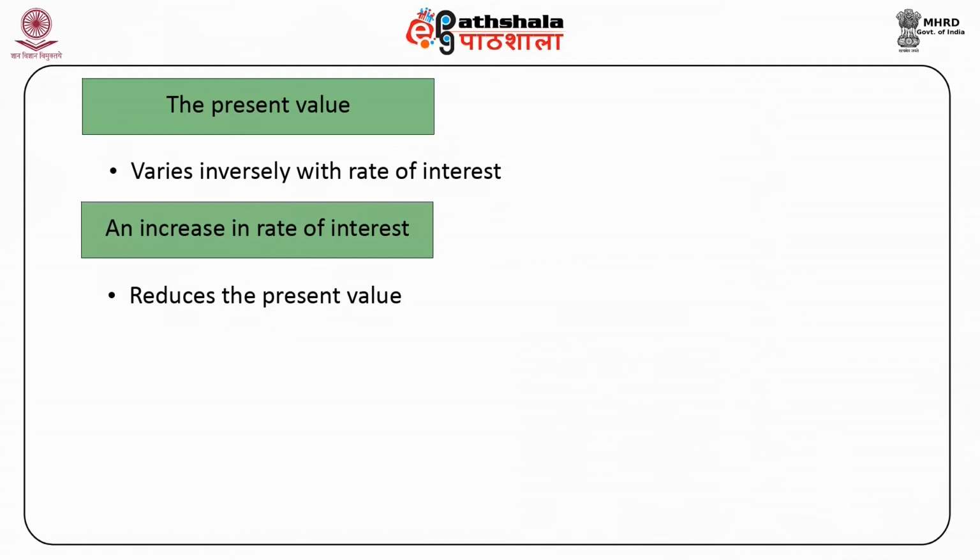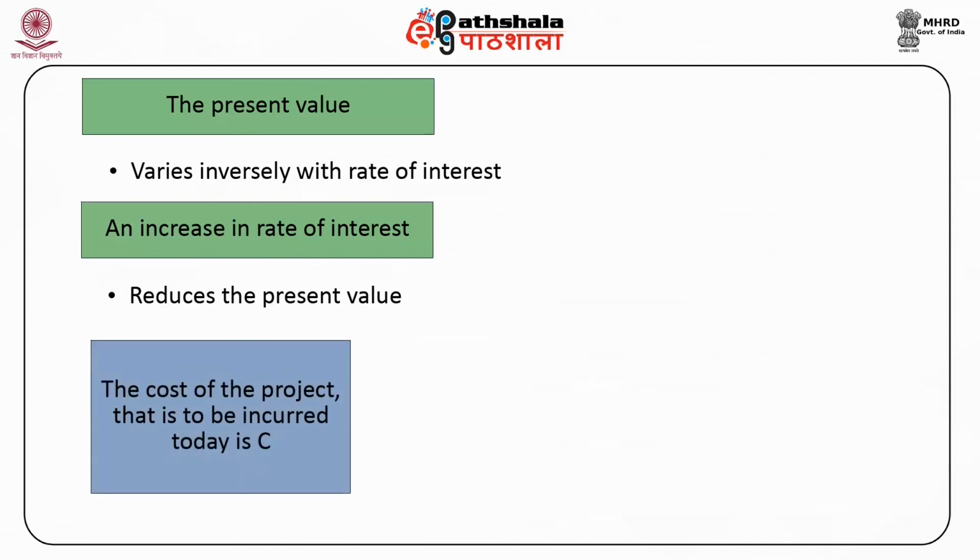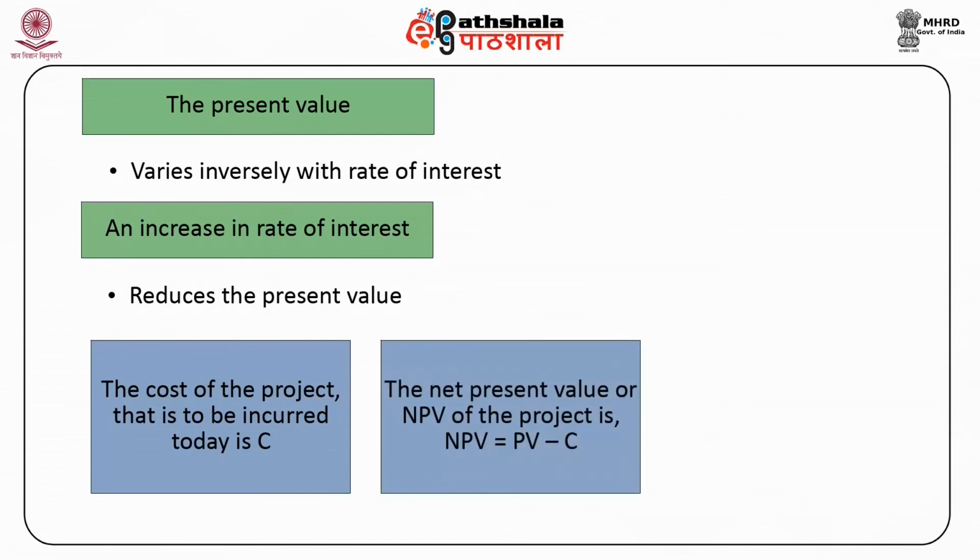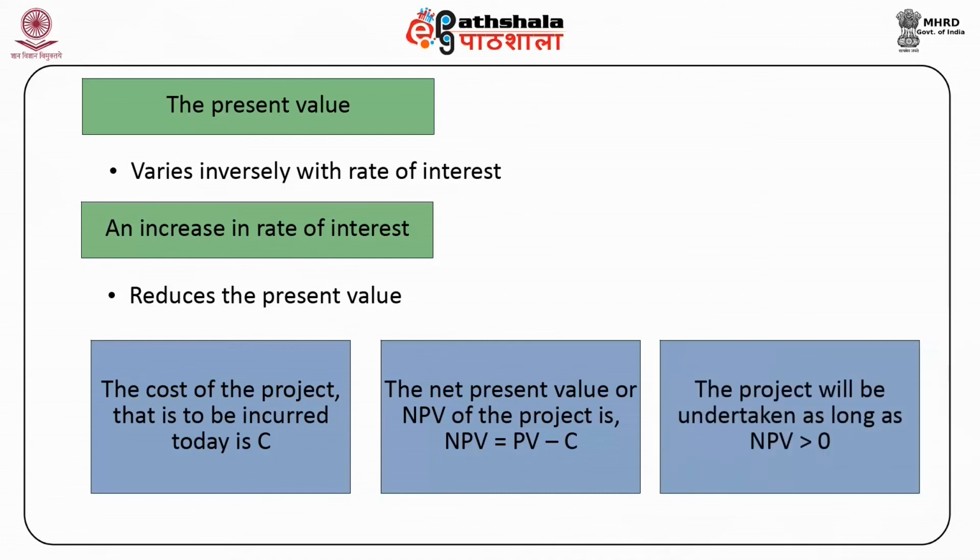Suppose the cost of the project that is to be incurred today is C. Then the net present value, or NPV, of the project is NPV equals PV minus C. The project will be undertaken as long as NPV is greater than 0.